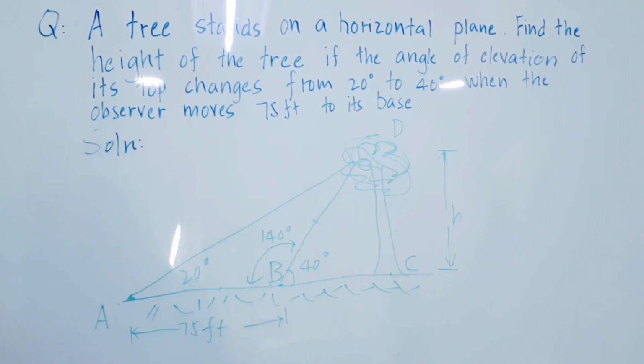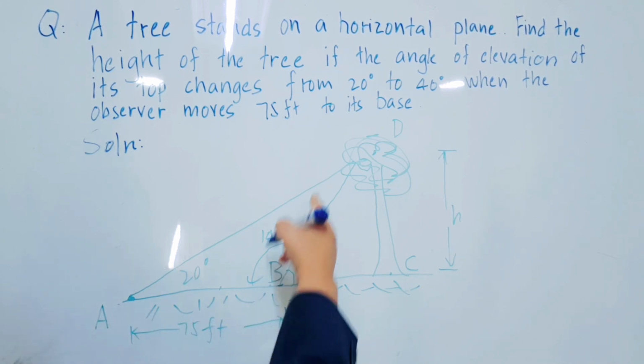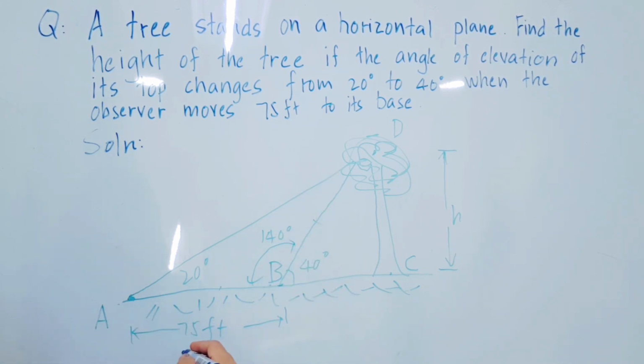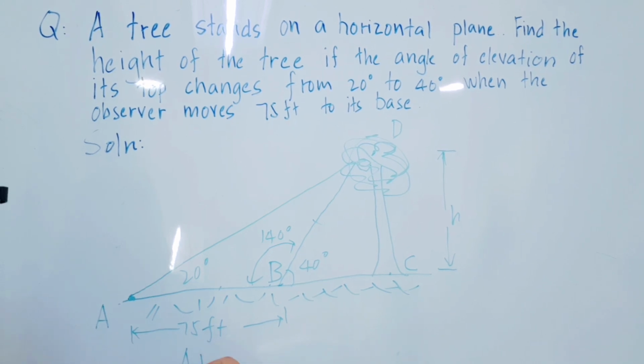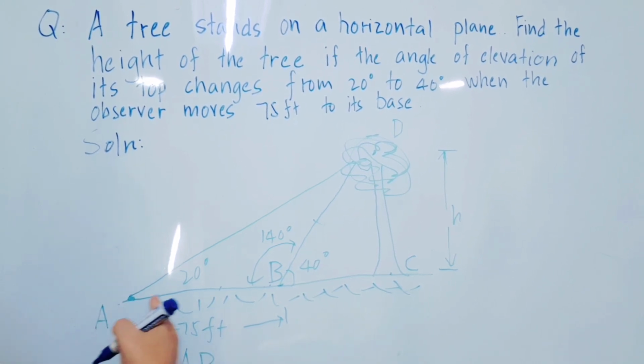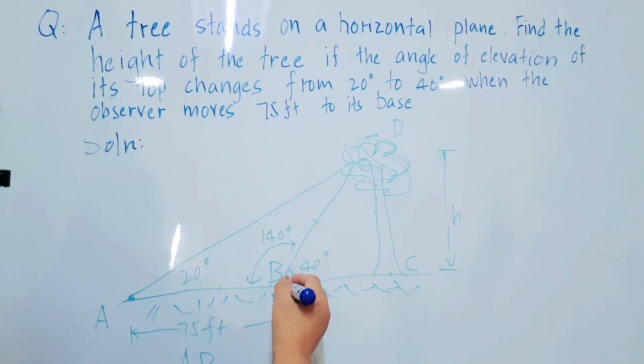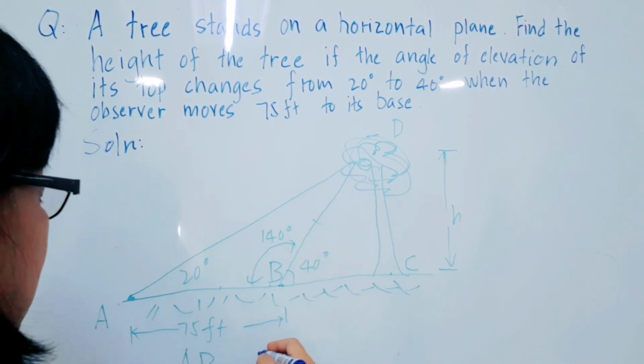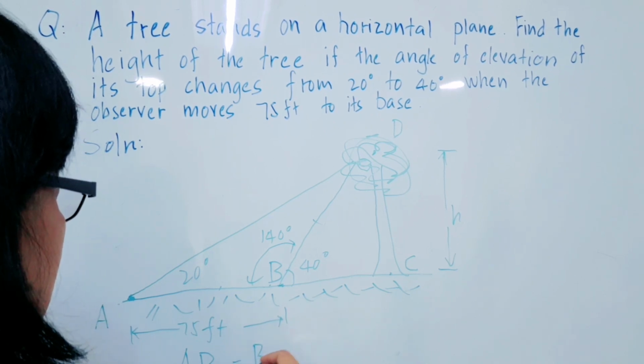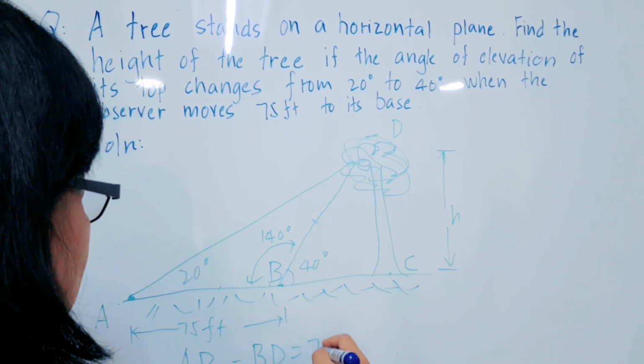Now, we have AB and BD, which is equal to 75. The distance from A to B is 75, and since this is an isosceles triangle, BD is also equal to 75 feet.